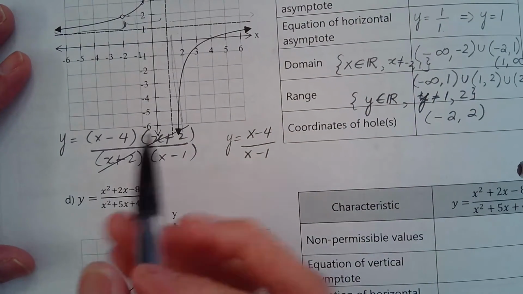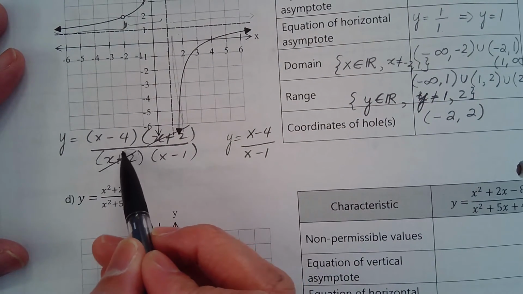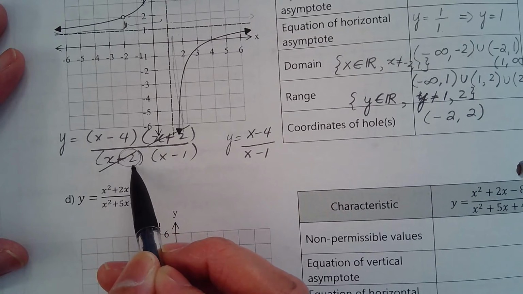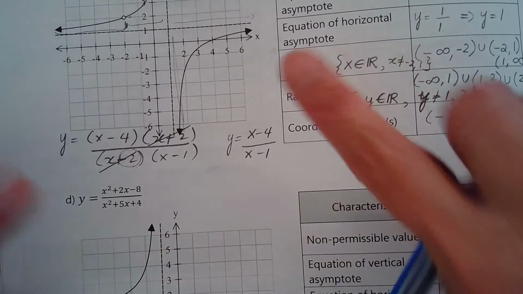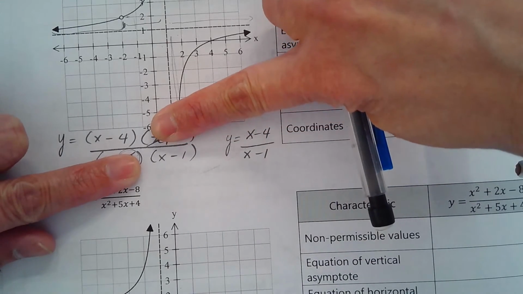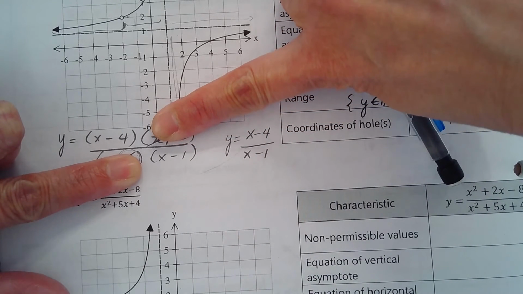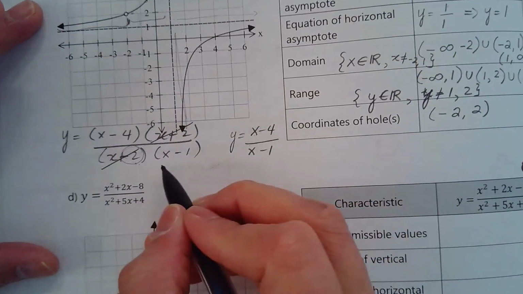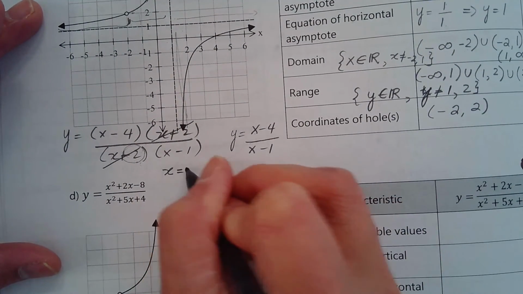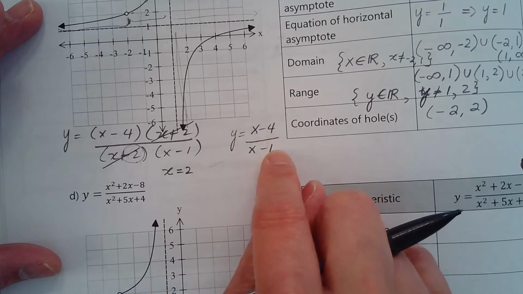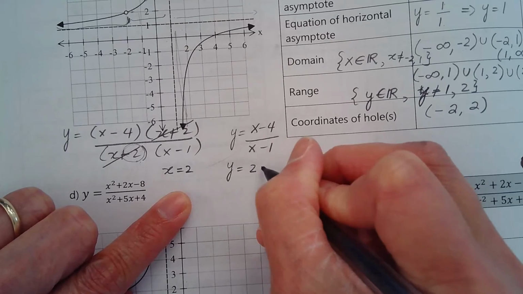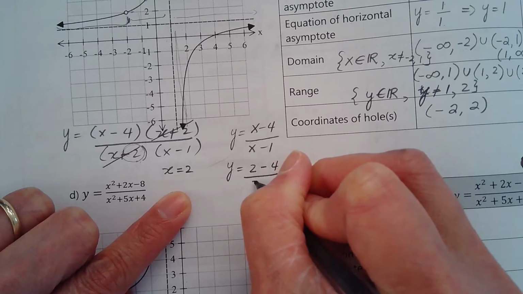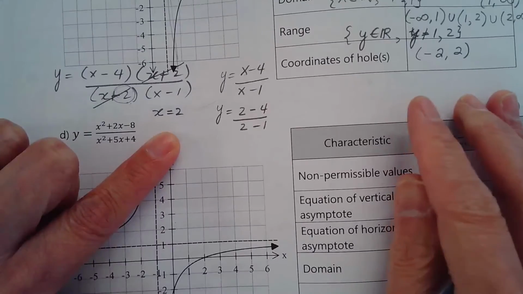We've taken the negative 2, and we're going to put that over there. Pretending that x plus 2 is not there, we're going to substitute x equals negative 2 into our function. What would we get? Negative 2 minus 4 over negative 2 minus 1. What's that equal to?